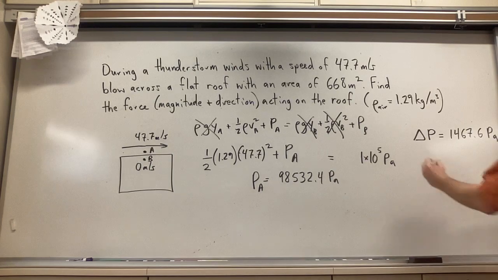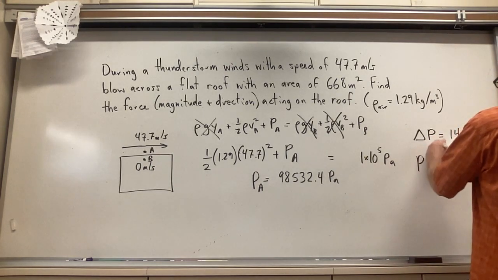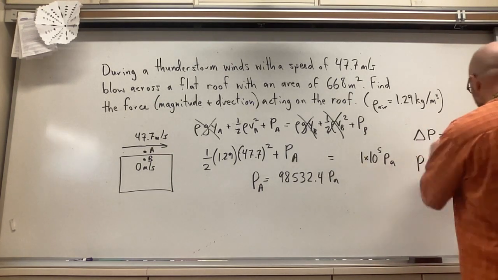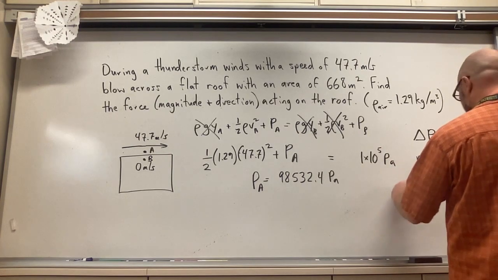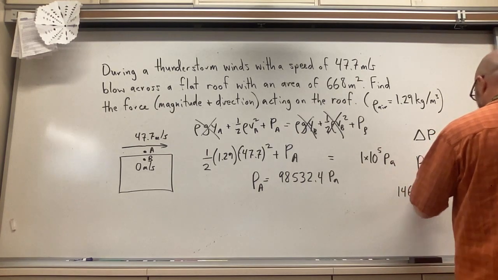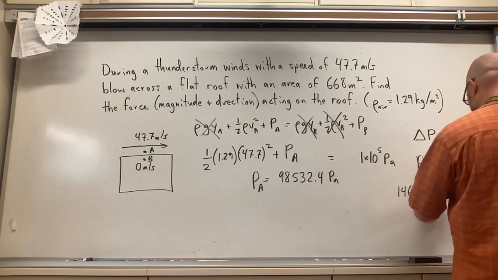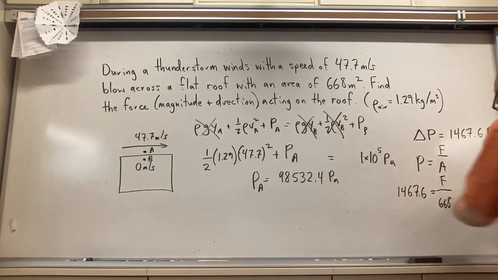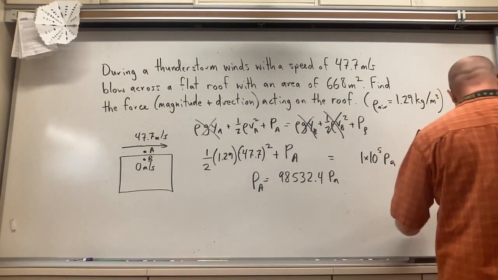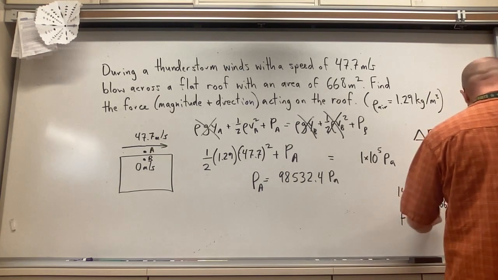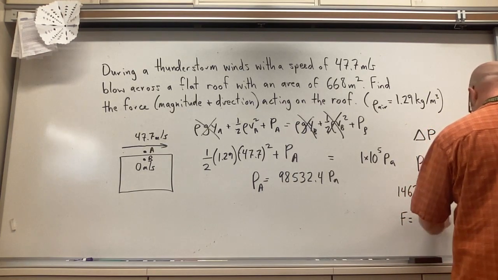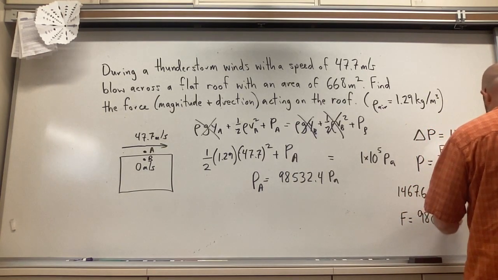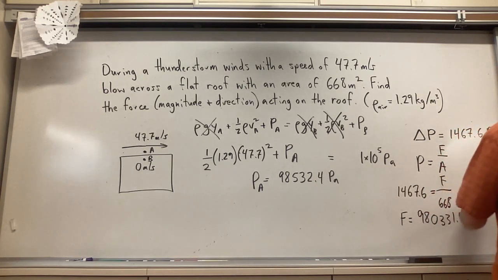And then remember, pressure is force over area. So if I plug it in, 1467.6 equals force over 668. So multiply by 668, and I get my force, which is really big, 9480331.4 newtons.